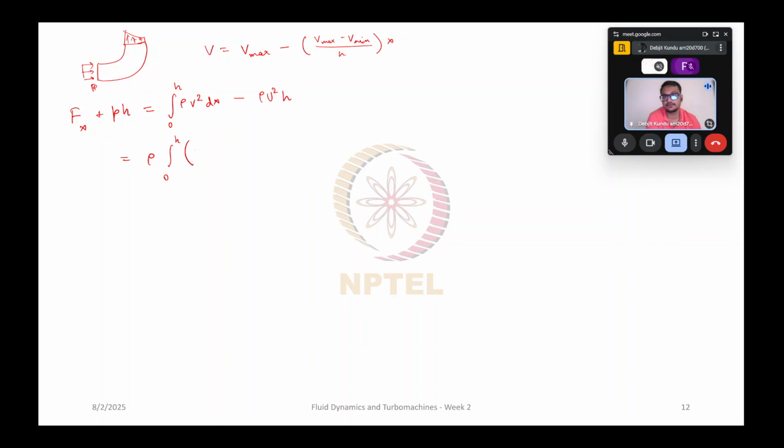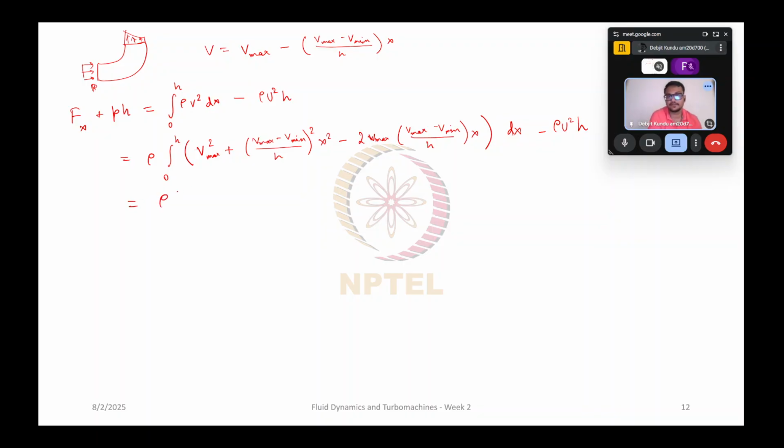And you have to take the square of this. So I'll get V max squared plus (V max minus V min) over h squared into x squared minus 2 V max into (V max minus V min) by h into x. So this whole thing, and there's dx on the outside and minus rho u square h over here.